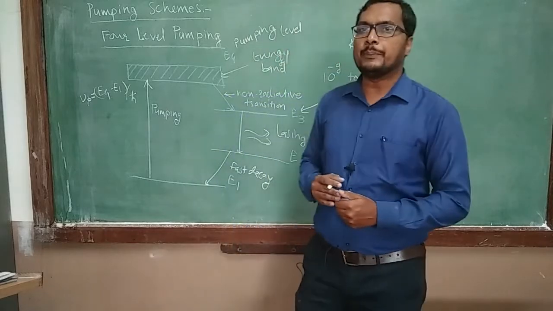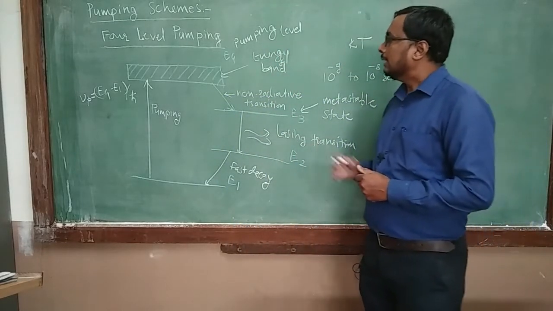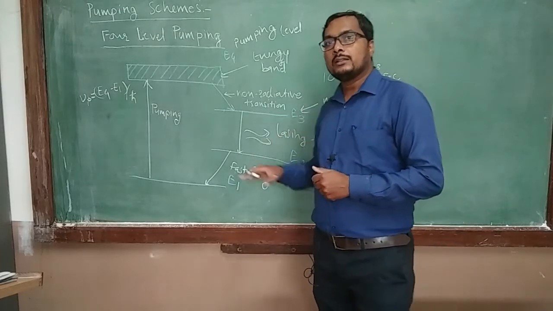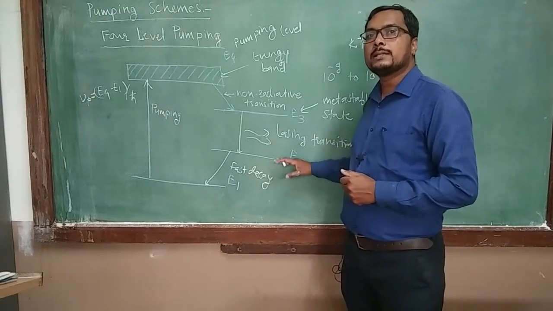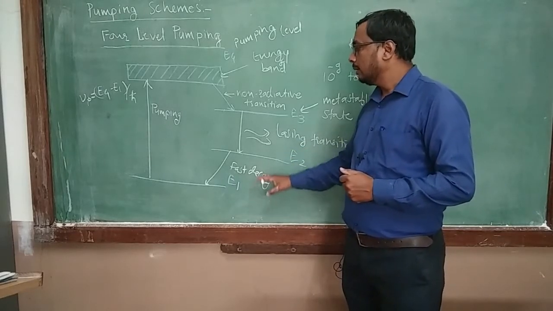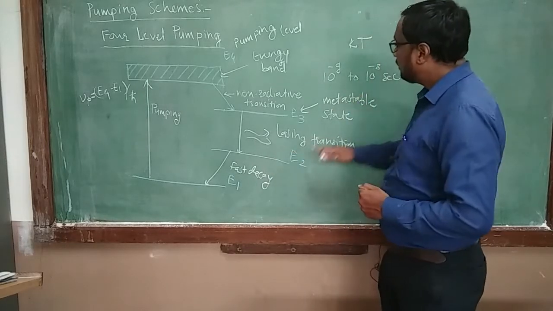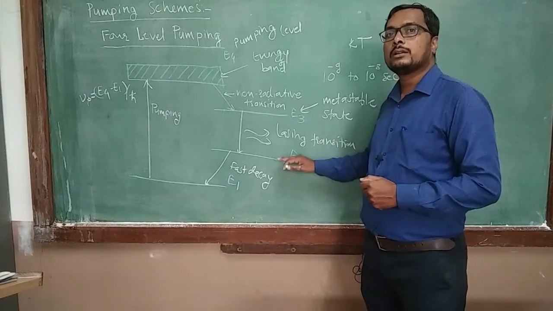The 4-level pumping scheme is shown in the figure. In the 4-level pumping scheme, the terminal laser level or the lower laser level is not the ground state, but a level of sufficiently higher energy than the ground state.